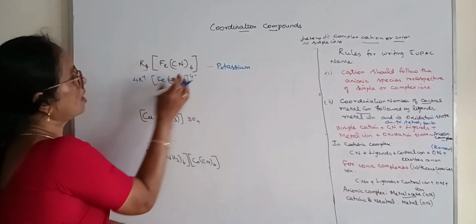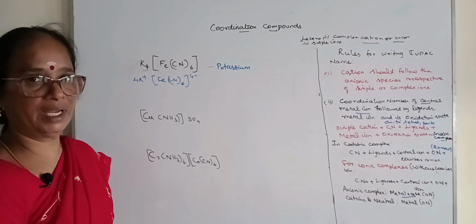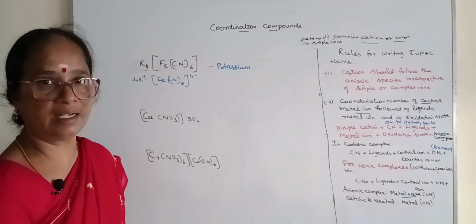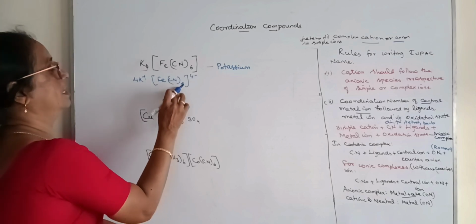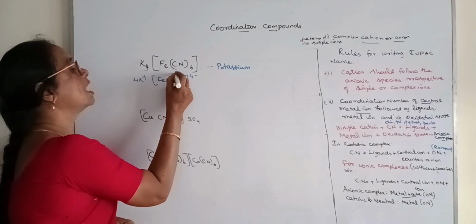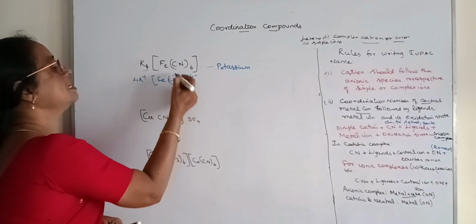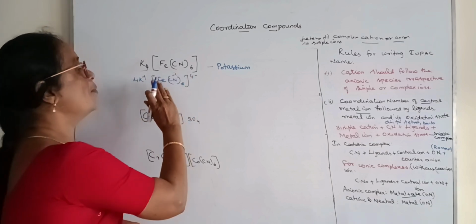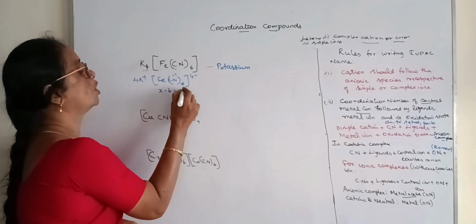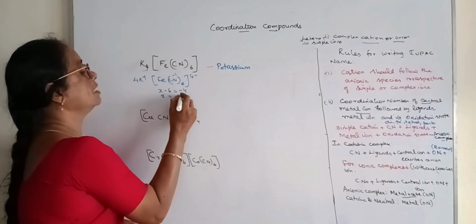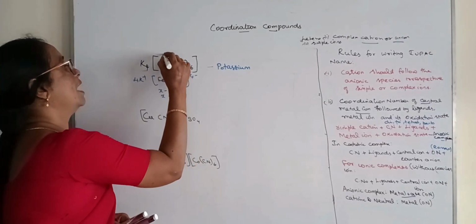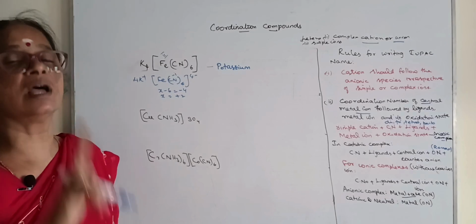Then you should identify the oxidation state of the central ion. Here cyanide is the negative ligand whose charge is -1. 6 into -1 is -6, so x minus 6 equals -4, or x equals +2. So the oxidation state of iron in this complex is 2.